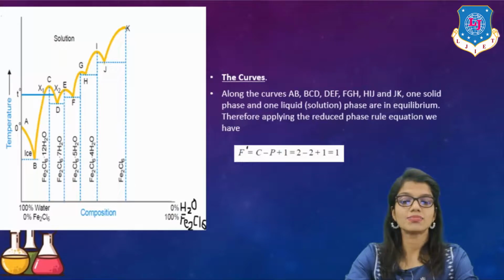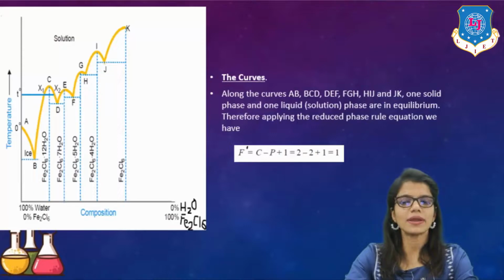After point B, as you move from A to B, the formation of Fe2Cl6 comes into existence. So, till point C, the formation of Fe2Cl6·12H2O starts.